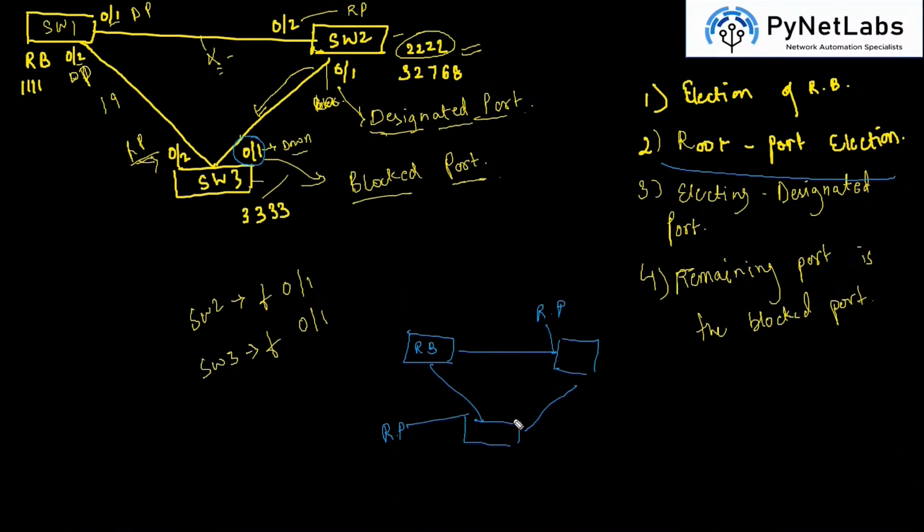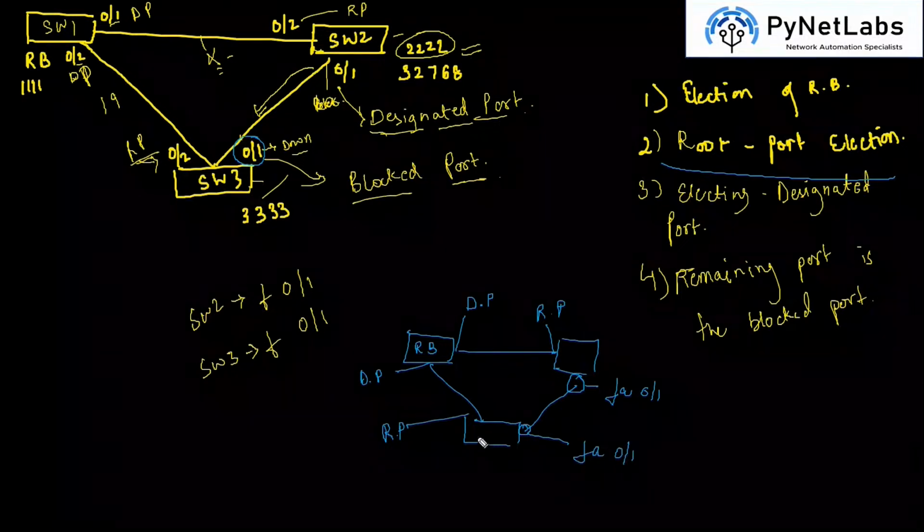Right now, we are left with election of designated port. So the very first thing when we talk about designated port is that all the ports of root bridge are designated ports. Now, if we look into the topology, we are just left with this port, which is FA01, and this port, which is again FA01 of switch 3.